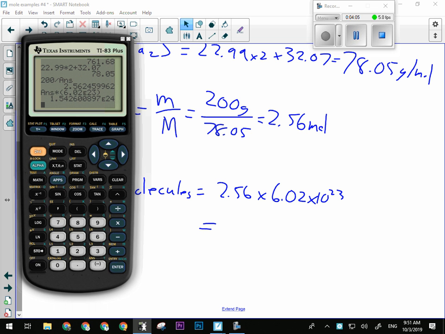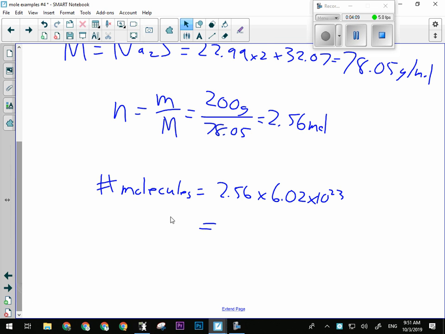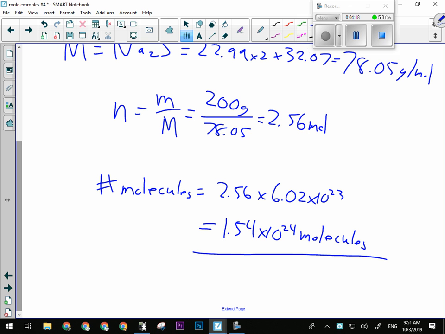So we're looking at 1.54 times 10 to the 24 molecules. Questions there? Anyone still need that up there, your copy?